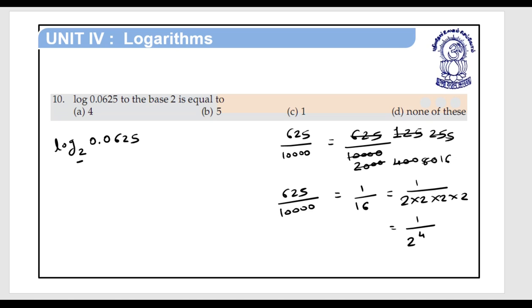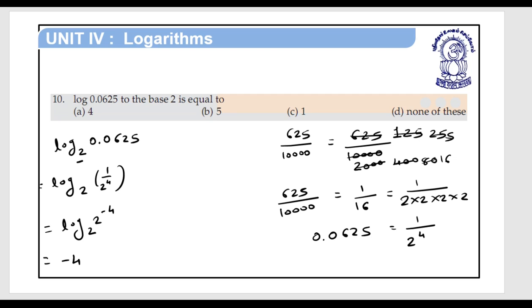Put the value of 0.0625 equal to 1 upon 2 raised to 4 in this. Log of 1 by 2 raised to 4 to the base 2 we can write as 2 raised to minus 4.